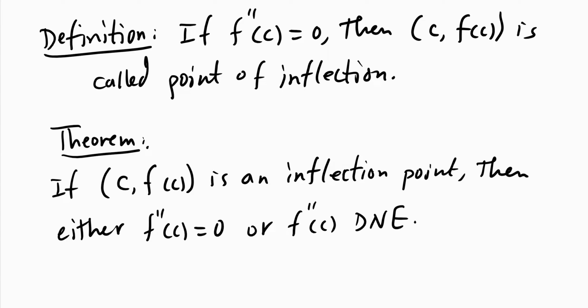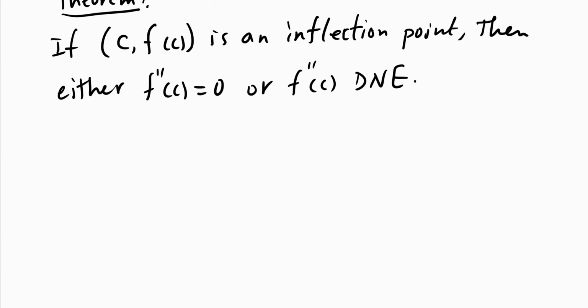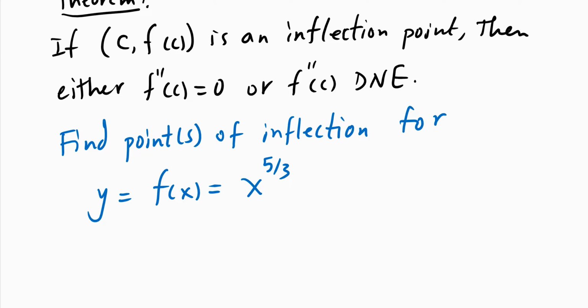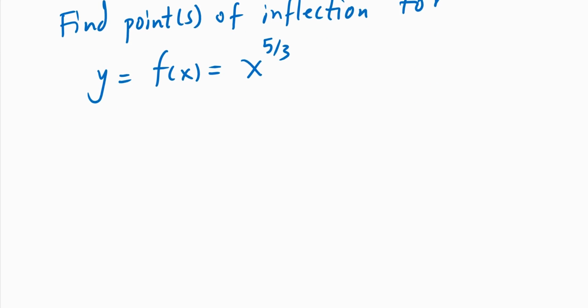It's kind of similar to when we did the first derivative work. So let's look at an example. Find the point or points of inflection for y equals f of x equals x to the 5/3. How do we find points of inflection?